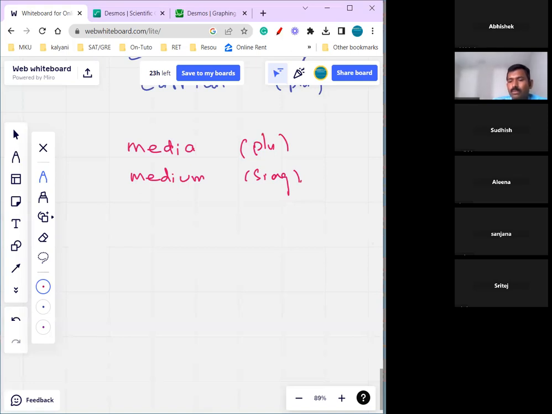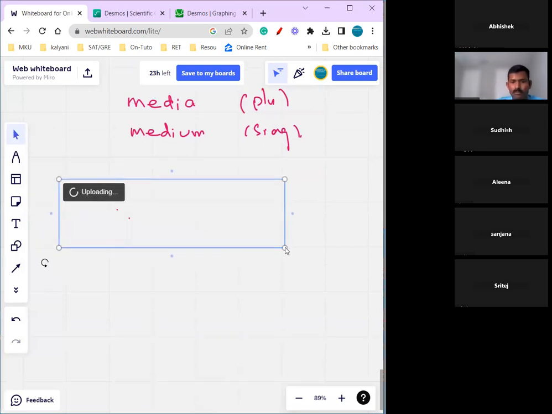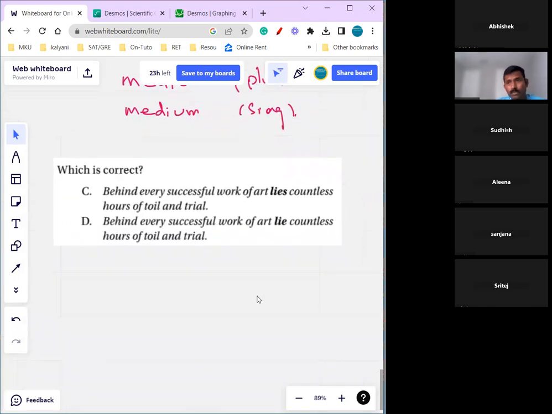All right. Going back to this one, I'm going to put one question here, and we're going to talk about a few more inverted clauses. Let me put one sentence here and see what you think.